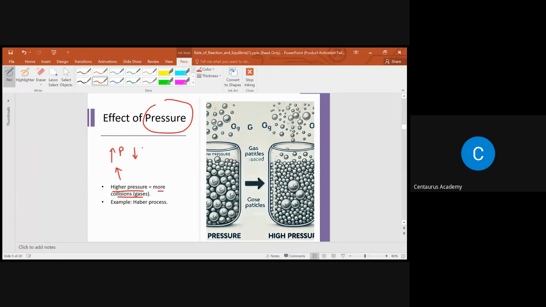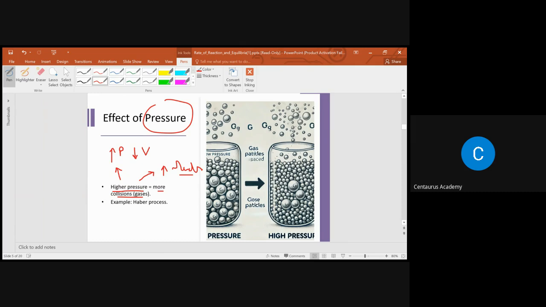This can also be said in other ways: if you have a greater number of gaseous molecules, this increases the pressure as well, because of a greater frequency of collisions. The gaseous particles will collide with their neighboring molecules frequently, and also with the walls of the container, thereby increasing the pressure.